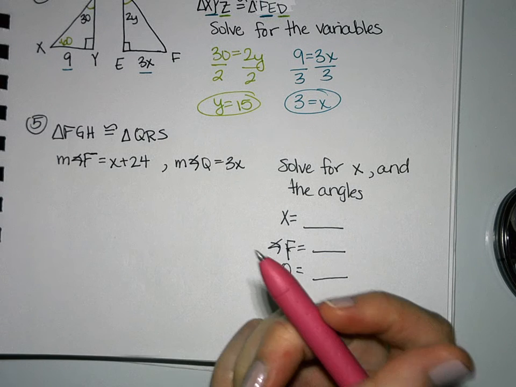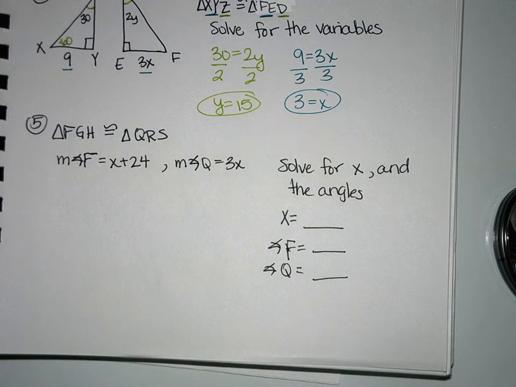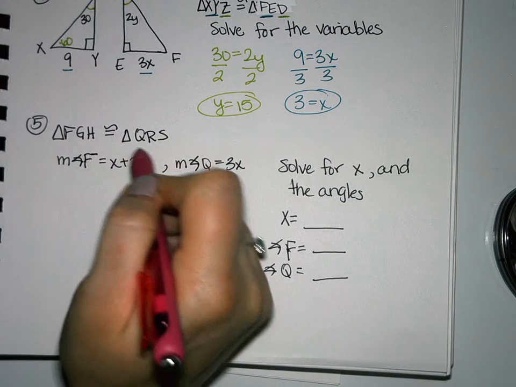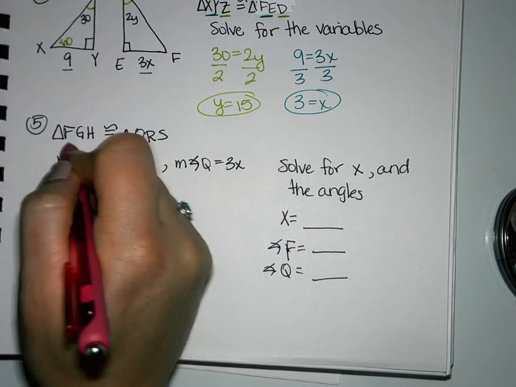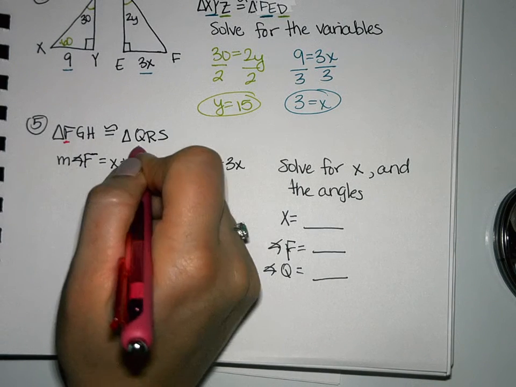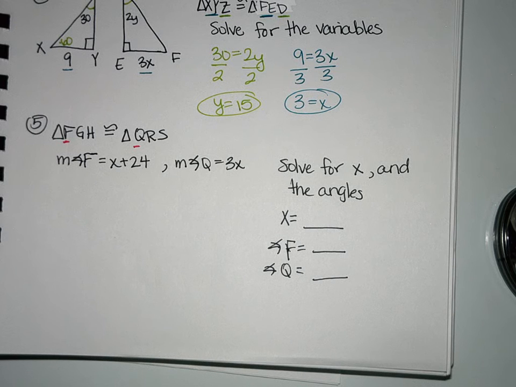Okay, perfect. So, in a congruent statement, it does tell us that the triangles are the same. But it also tells us which angles of the triangle go together. So because F and Q are both first, that means those are the two angles that have to equal each other. G would have to equal what?